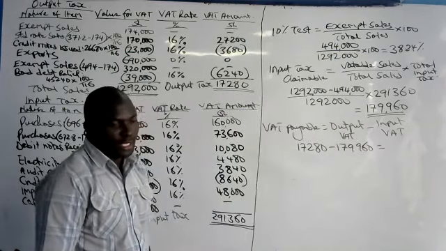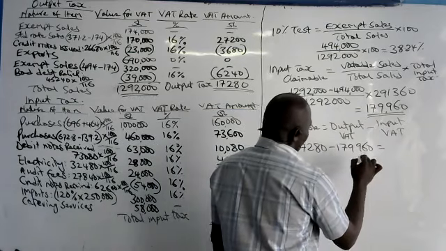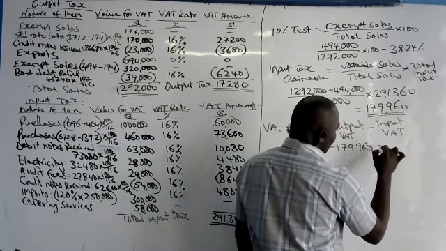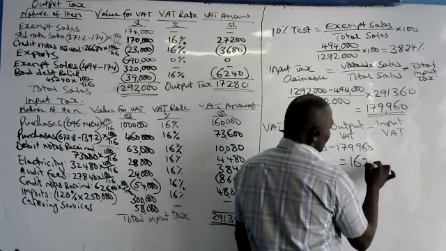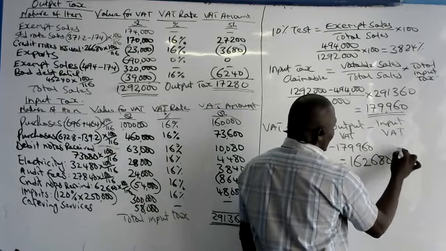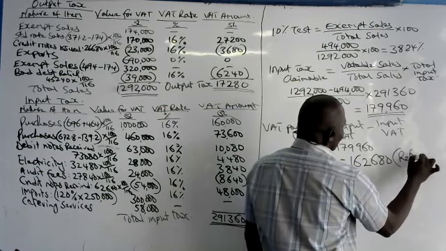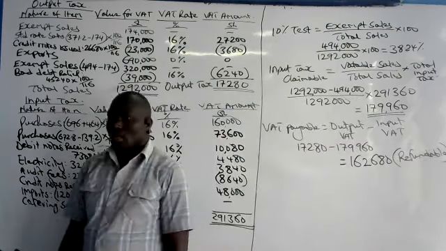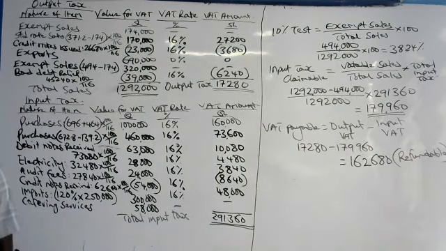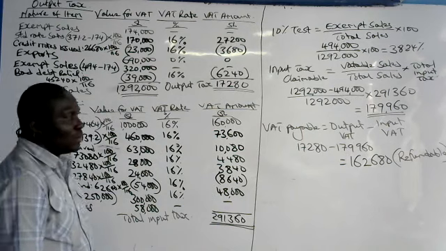To get how much? Negative. So don't put a negative 162. Na unamwambia ni VAT what? So don't put a negative. Just appreciate that it's not payable, it's now refundable.